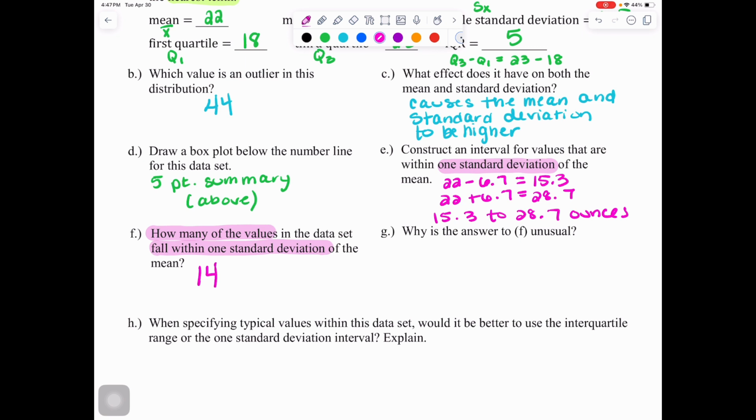So it says, why is the answer to F unusual? Well, let's go back up and look at how much data we have in the first place. There were 15 tomatoes, and 14 of them are within 1 standard deviation. So it's unusual because it's almost all of the data.